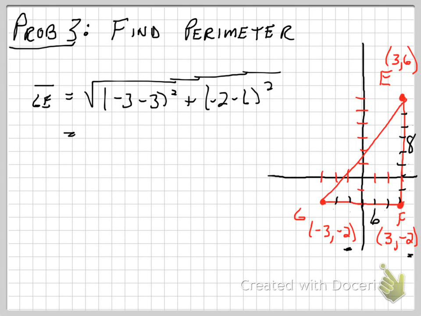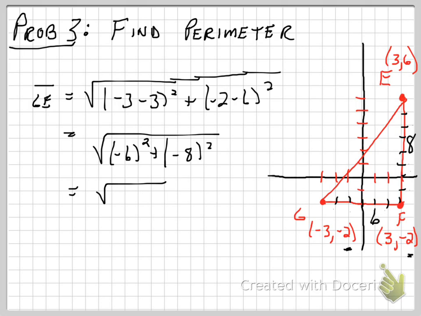Doesn't matter which one you use. That's going to give me the square root of negative 6 squared plus negative 8 squared, which ends up giving me the square root of 36. And remember, when you negative square it, it becomes positive, plus 64, which is the square root of 100. Okay, once we get that, take the square root, evaluate it, you get the length of that side is 10.